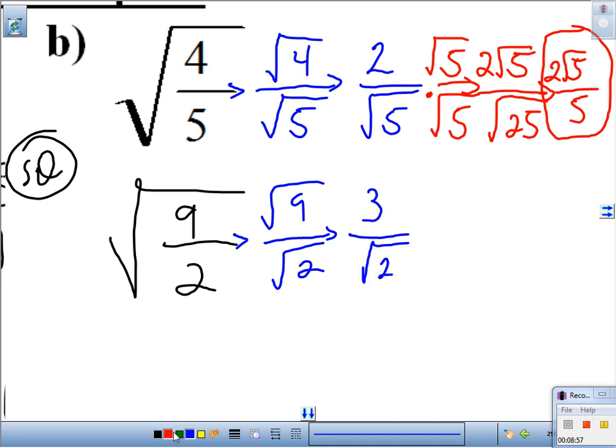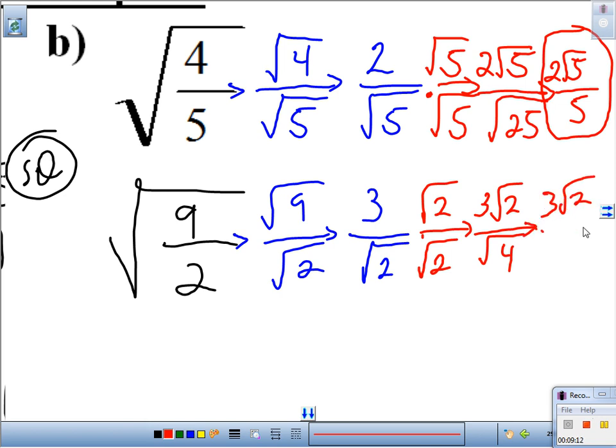Can we leave it as a radical in the denominator? No, so we multiply by the same, square root of 2, top and bottom. This becomes 3 square root of 2 over 2 times 2, which is square root of 4. What is square root of 4? 2.